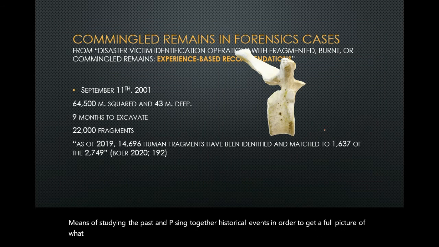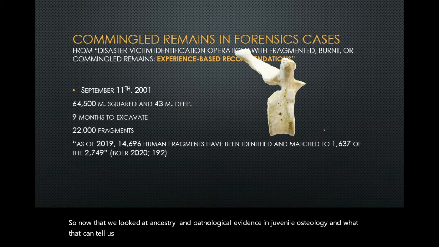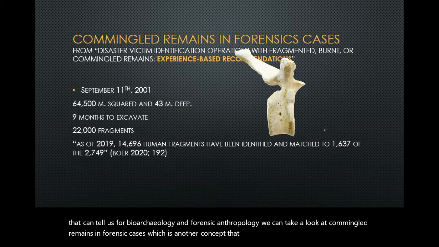So now that we've looked at ancestry, sex, and pathological evidence in juvenile osteology and what that can tell us for bioarchaeology and forensic anthropology, we can take a look at commingled remains in forensic cases, which is another concept that I studied and found quite interesting.